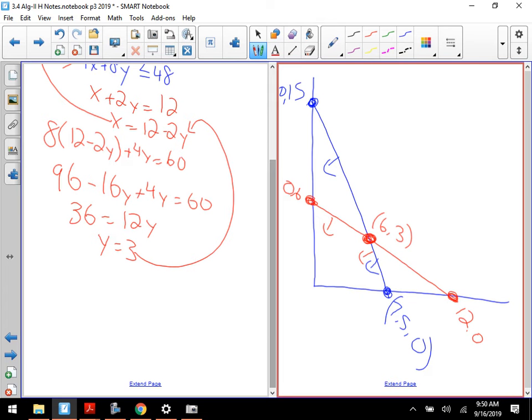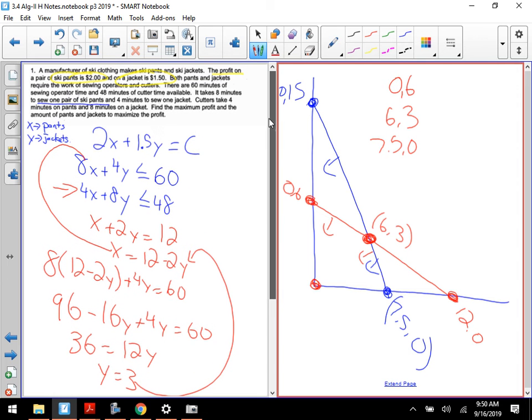Well, we don't know. We haven't substituted in yet. Okay. So this gives you your boundary, though. You can make nothing. In this case, if you're maximizing profit, do you have to substitute in 0, 0? No, because you know you're not going to make any money there, right? So if we do this, we have to test 0, 6, 6, 3, and 7.5, comma 0.